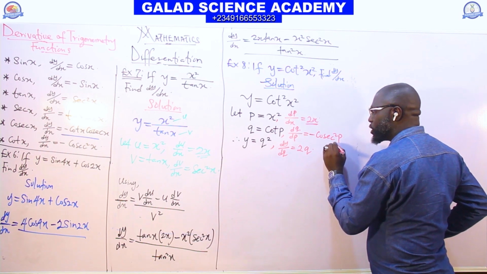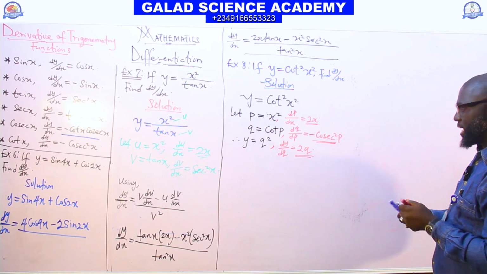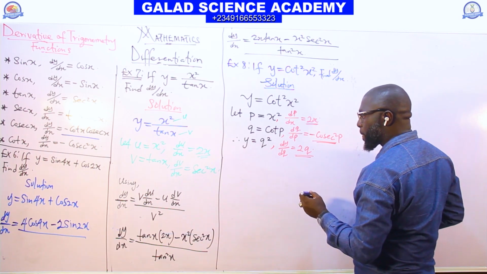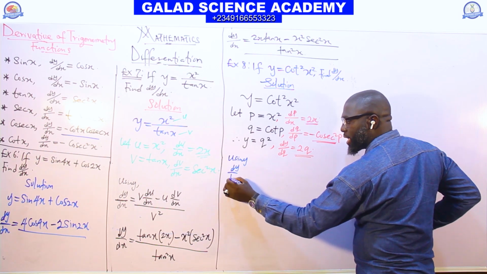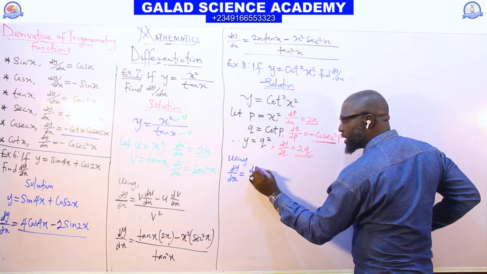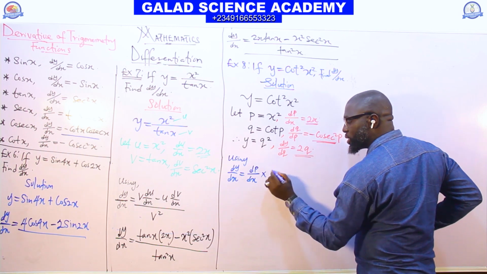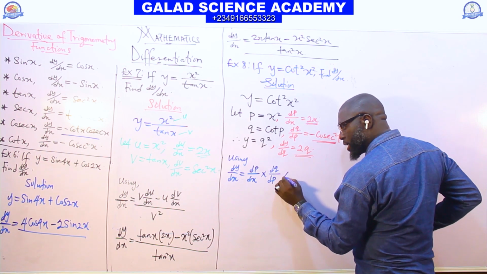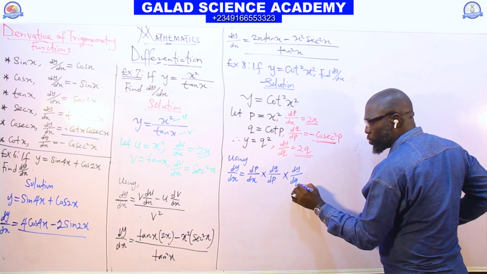The next thing is you will multiply these three answers together. Using dy dx, what was the first one? dP over dx multiplied by the second one, dQ over dP, and the third one, dy over dQ.